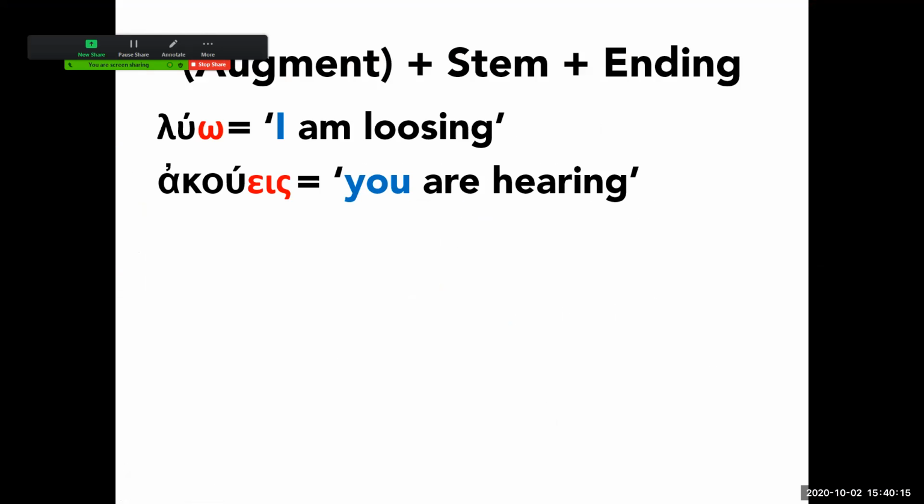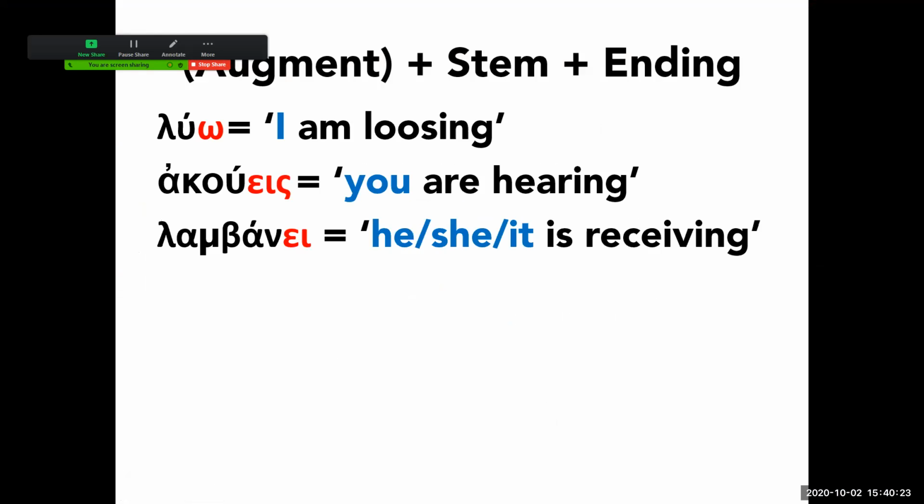Luo, I am loosing. Akoueis, you singular, are hearing. Remember, these are diphthongs. Epsilon iota is a diphthong. So one sound, ei. Lambanei, he, she, it is receiving.